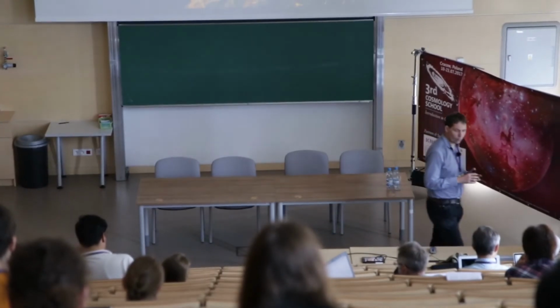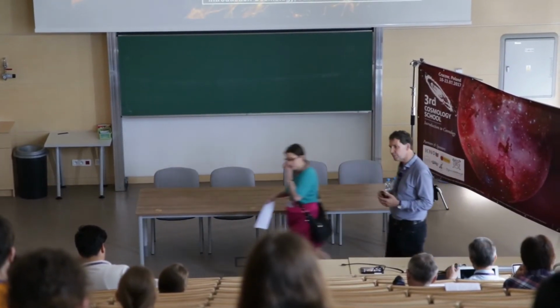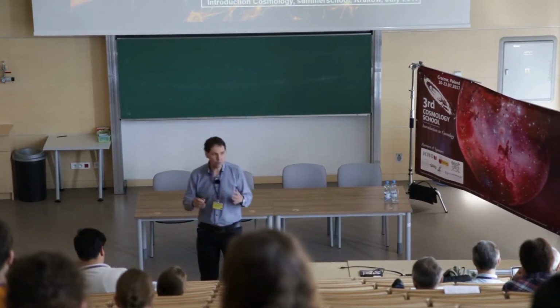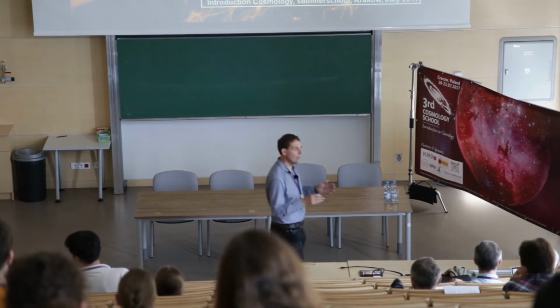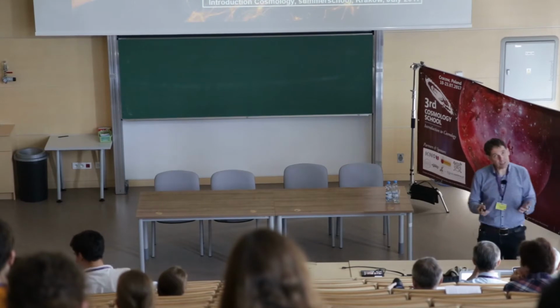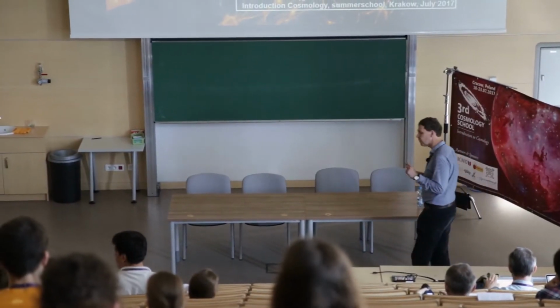One of the justifications for studying it, I said, is because it informs us about the first stages of the formation of structure in the universe. And today I will be specifically talking about this very aspect. How does structure in the universe form?